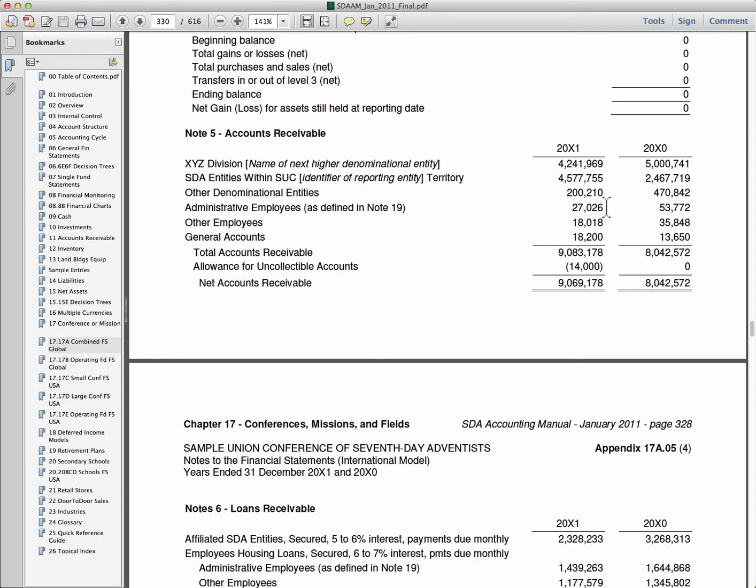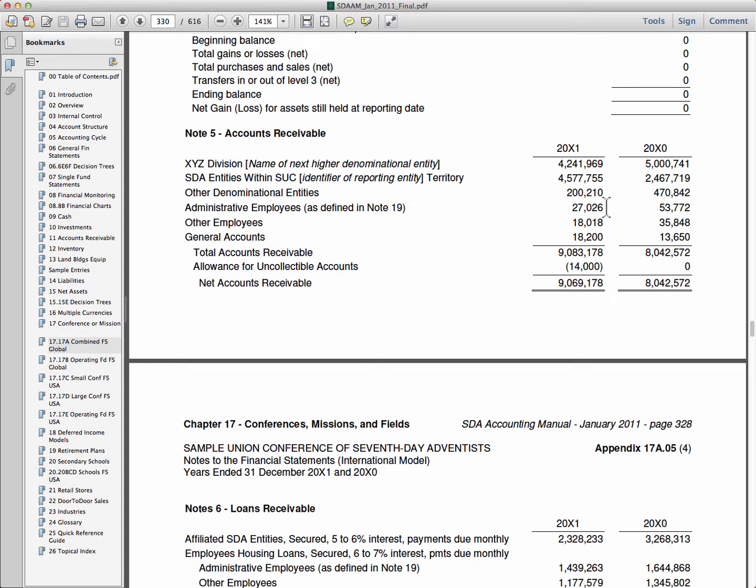One way of looking at administrative employees is that all executive committee members that are employees are in this category, plus any vice presidents, whether they are on the executive committee or not.